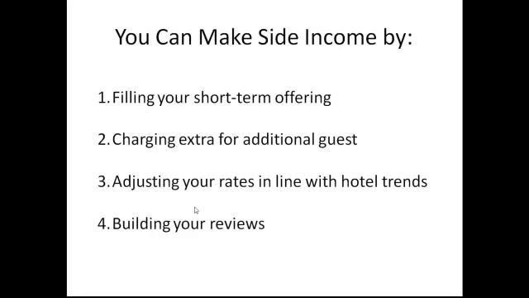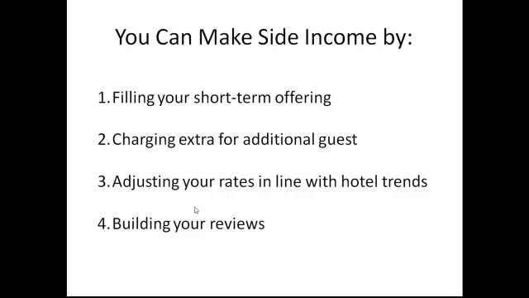Okay, as a summary, you can make side income by filling your short-term offerings with Airbnb, if it's good with corporate housing or whatever you have, whenever you have a vacancy and you have a furnished unit, of course. Charging additional for guests or for pets and all kinds of fees that you can attach to customize your offering. And adjusting your rates to stay in line with hotels.